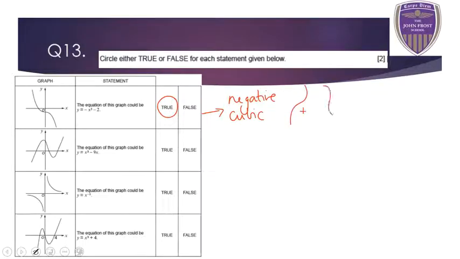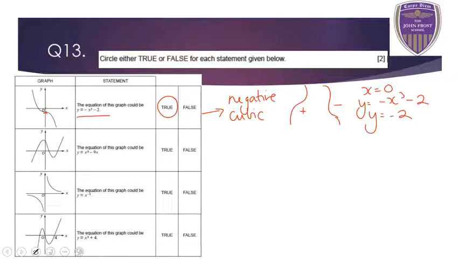You've got your negative 4, and when x is 0, if y is minus x cubed minus 2, which is the equation, y ends up being minus 2. So at 0, it's likely that that would be minus 2.